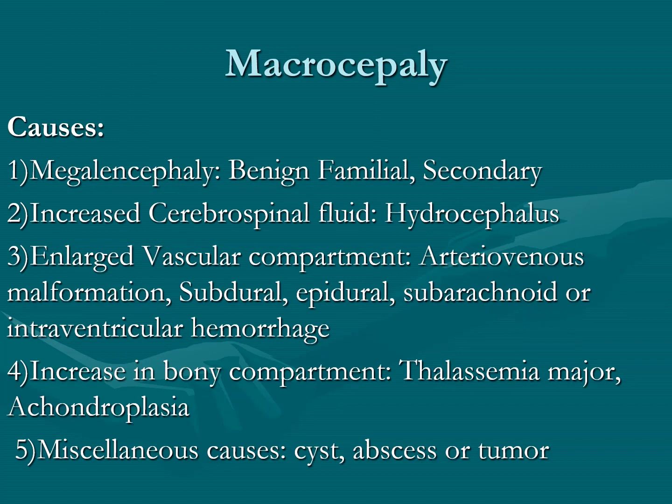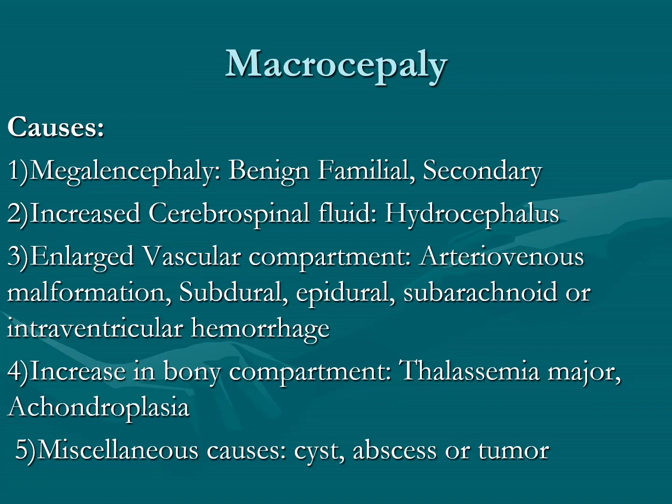What about the causes of macrocephaly? Number 1, the causes may be in the brain itself, what is called megalencephaly, which may be benign, familial, or secondary. Or increase of the cerebrospinal fluid inside the ventricular system, what's called hydrocephalus.